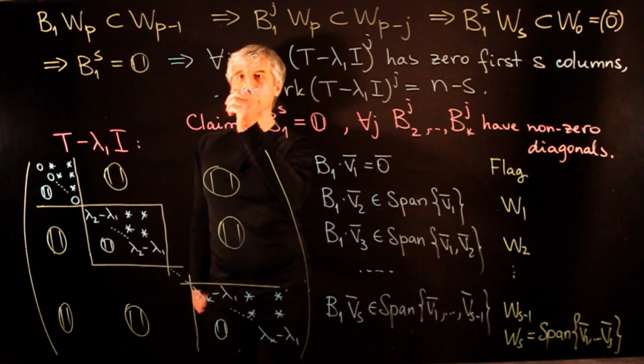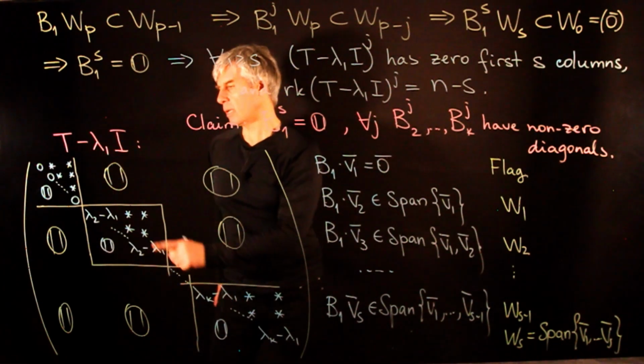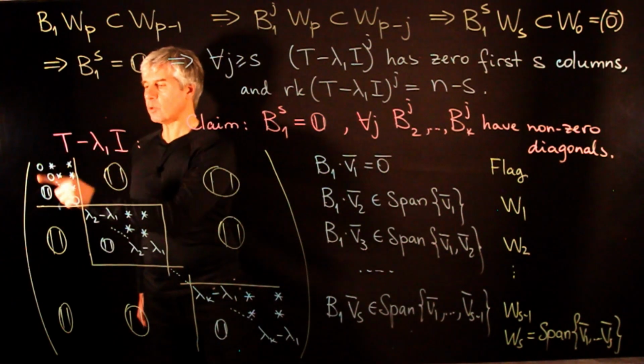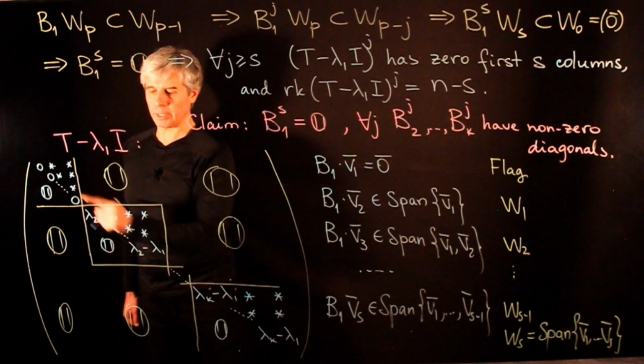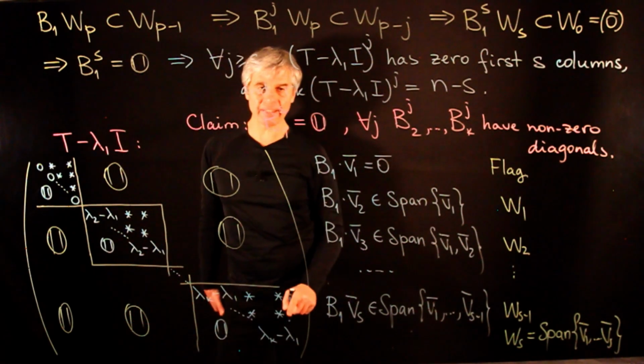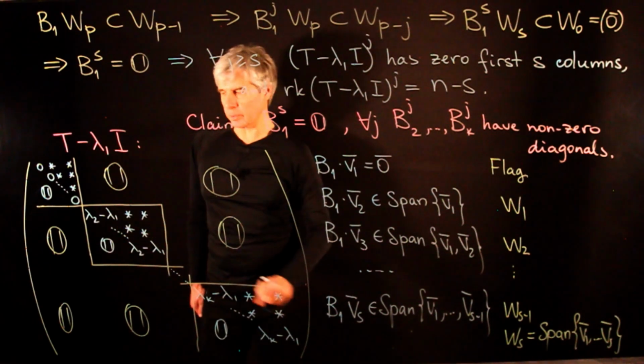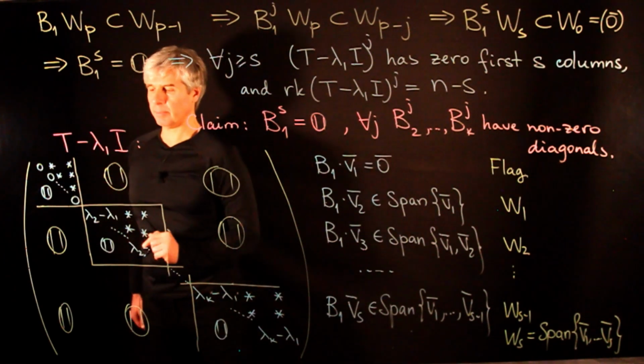So when we take j greater than or equal to s, the jth power of this matrix will have the zero block in the top left corner, but all other blocks will have non-zero diagonals. And thus we will have pivots in all columns except for the first s.